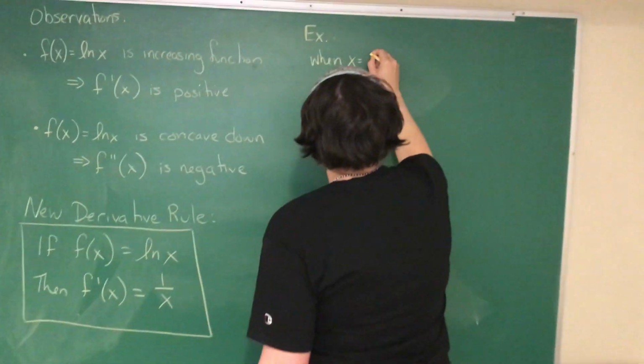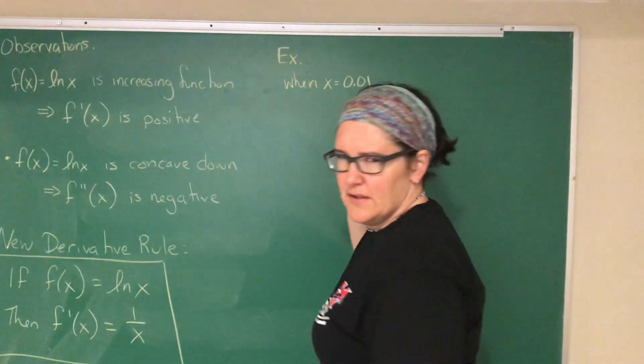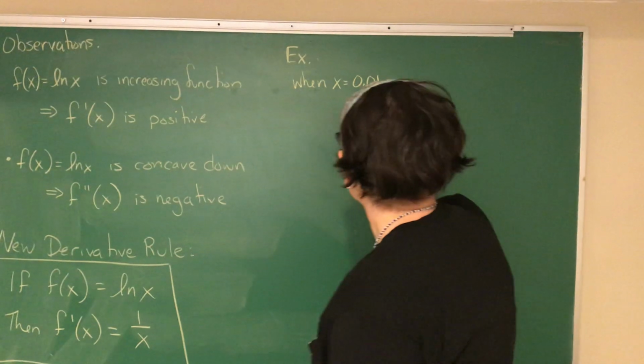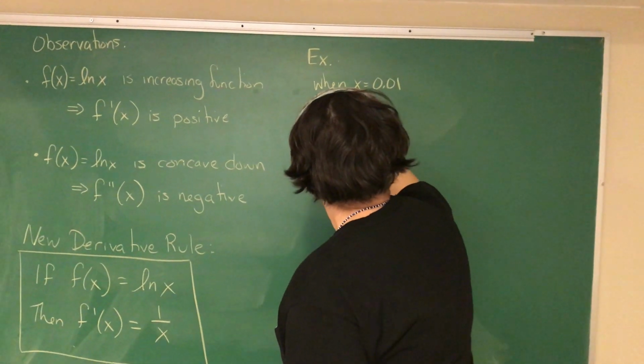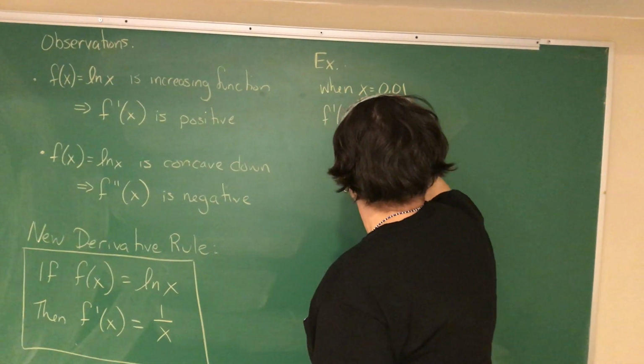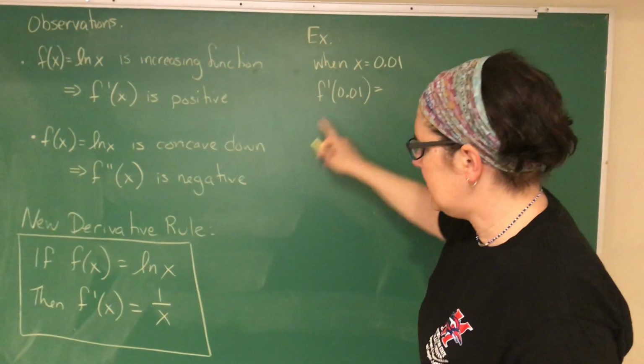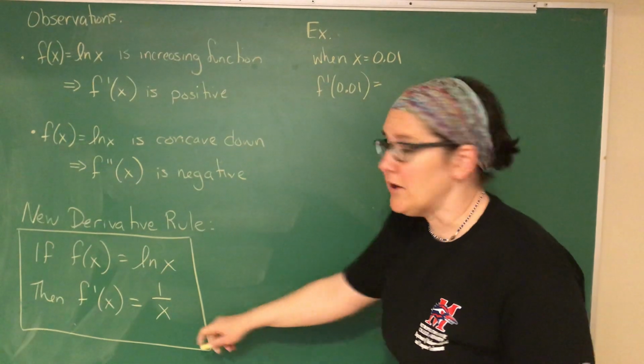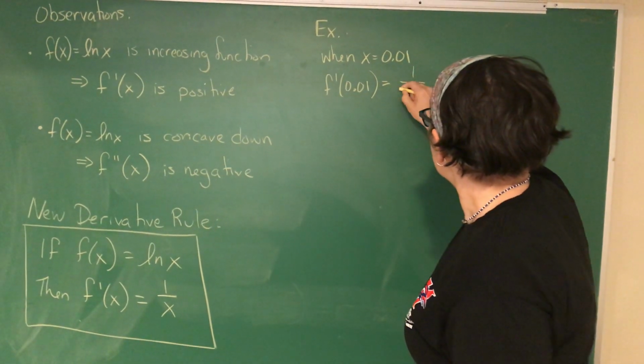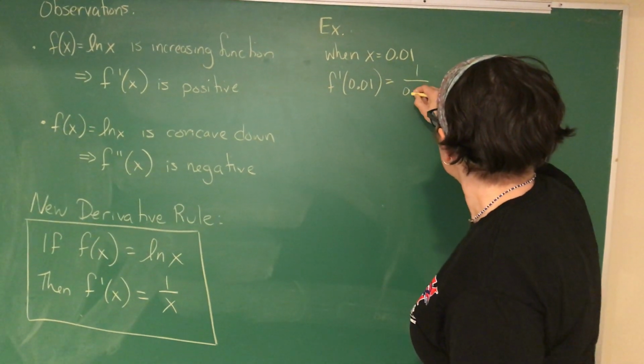When x is equal to 0.01, and this is just an example number, then f prime of 0.01, if I plug 0.01 into my derivative formula of 1 over x, I have 1 over 0.01.